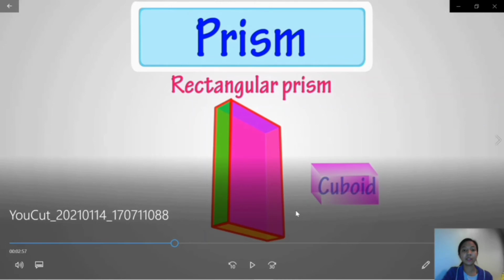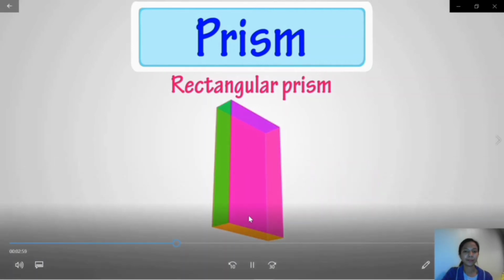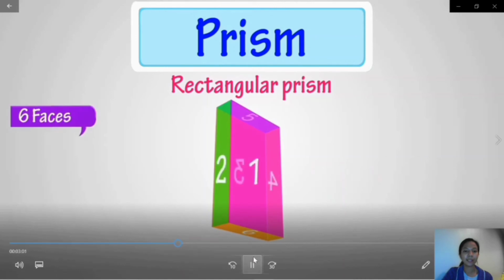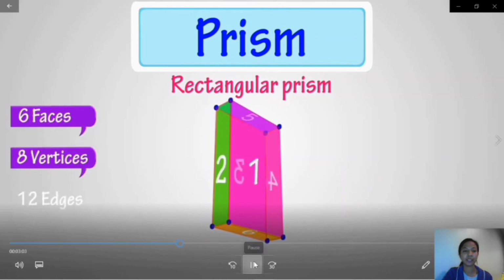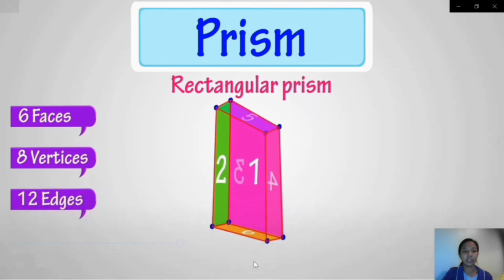So it is also another kind of cuboid, or it's just a cuboid. This one is also a cuboid. Now it has 6 faces, 8 vertices, and 12 edges.